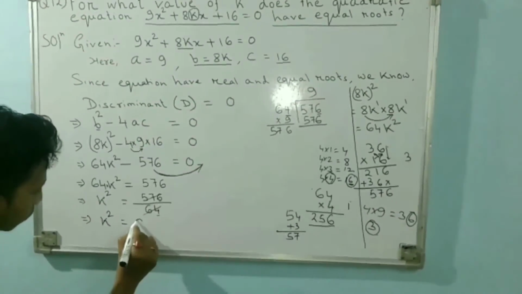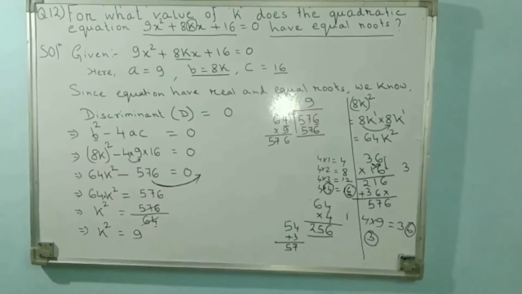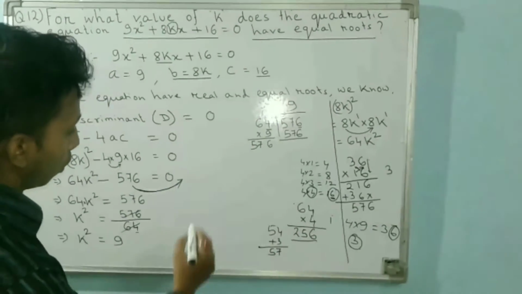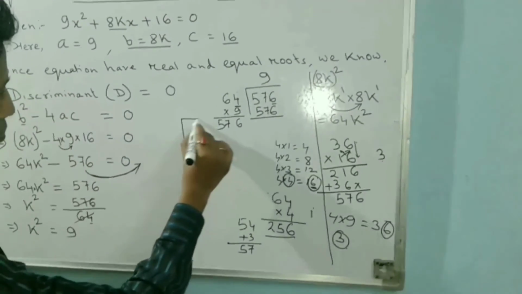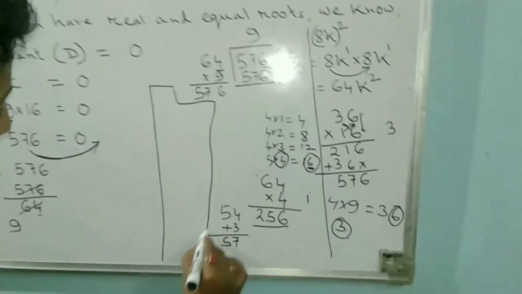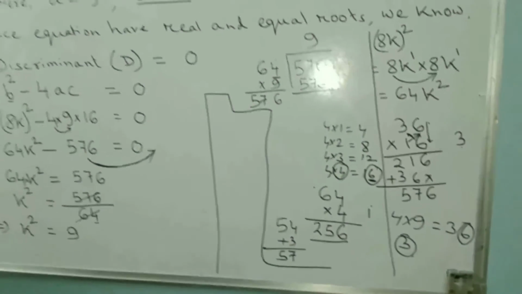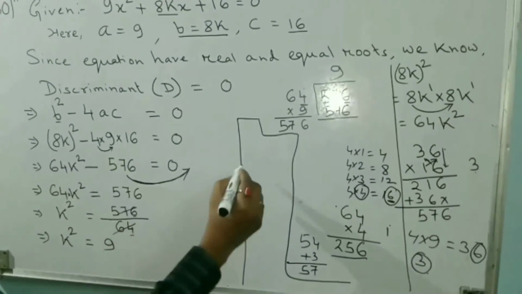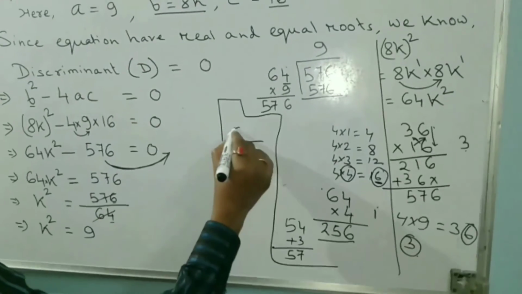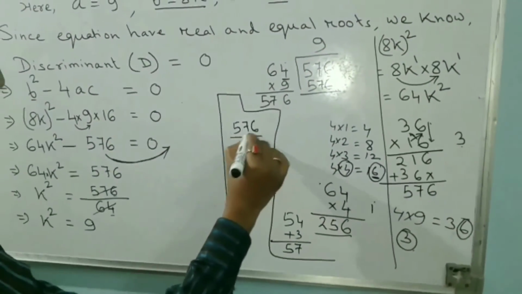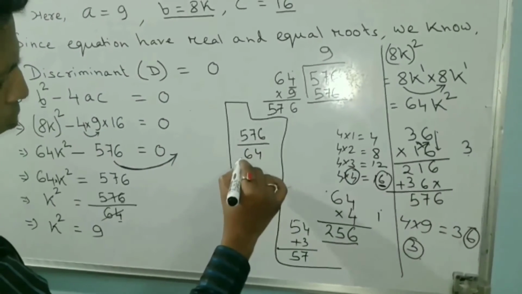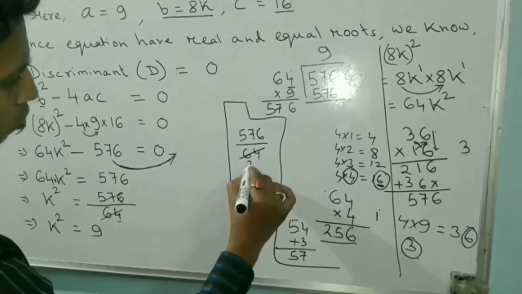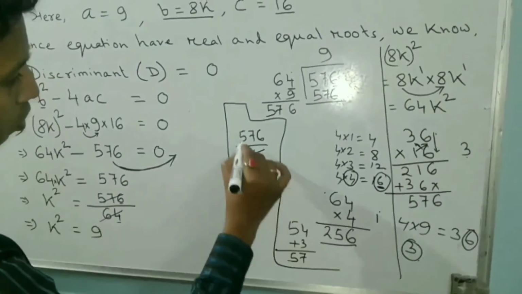So if you cancel, we get 9. Or you can do another thing: in 576 and 64, you can divide both numbers by 2. 3 twos are 6, 2 twos are 4.